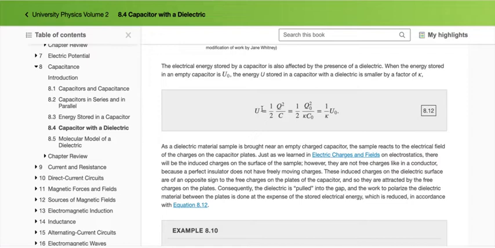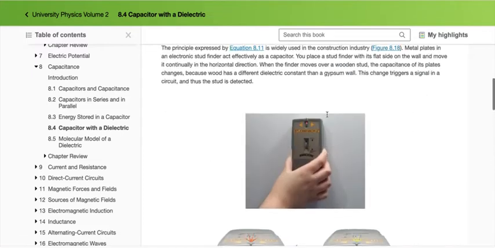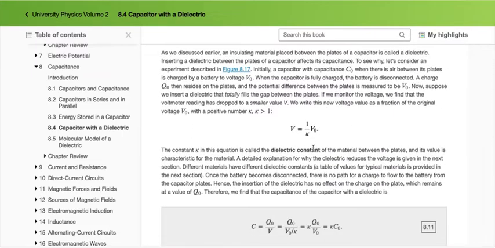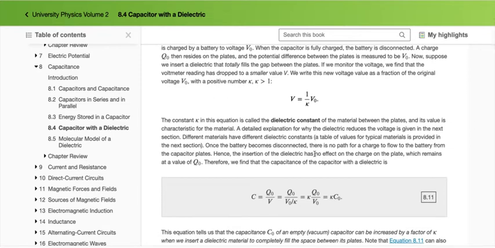We end up with a new amount of energy required that depends on this guy here called kappa. That's called the dielectric constant. And that's a constant associated with that material we're putting inside our capacitor. That changes the capacitance of our capacitor. We get the original capacitance times kappa, or dielectric constant.